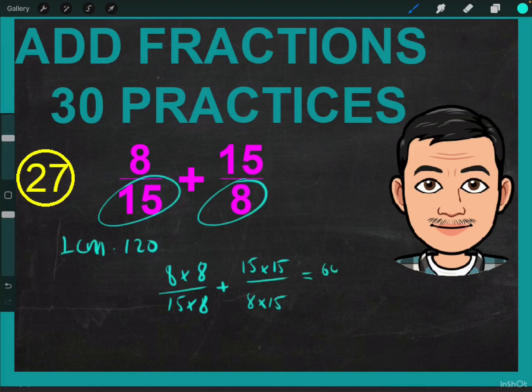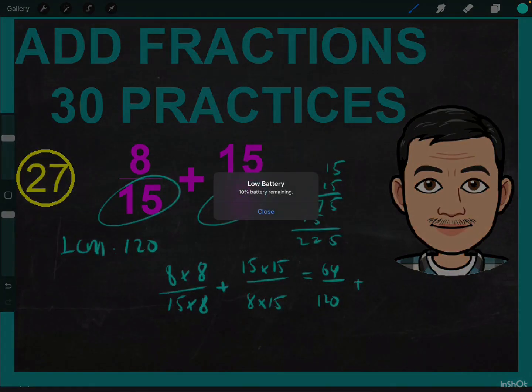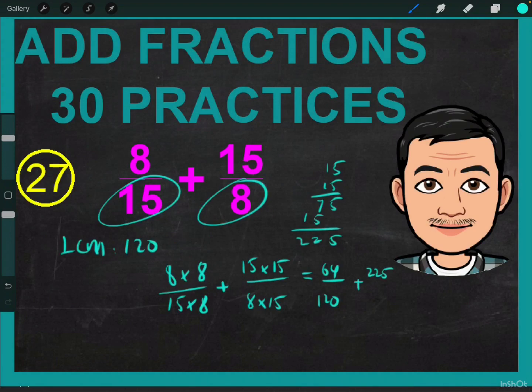So we got 64 over 120 plus 15 times 15, which is 225 over 120. And now they have the same denominator, so we will write again 120 for the denominator, and 225 plus 64 is 289. That's the answer.